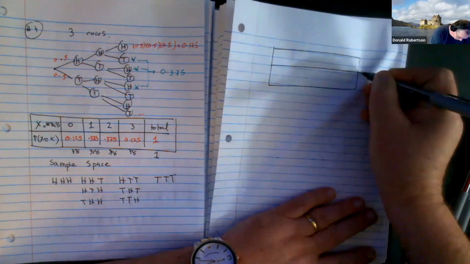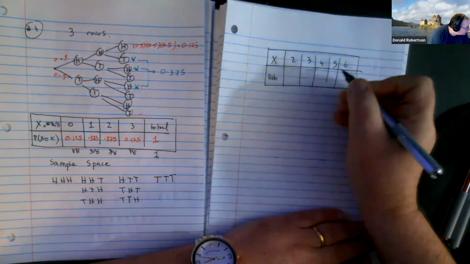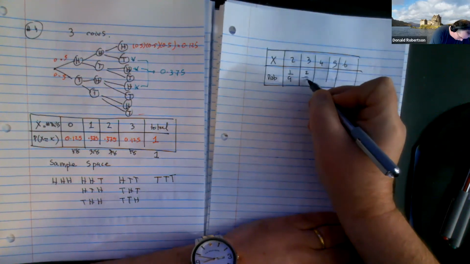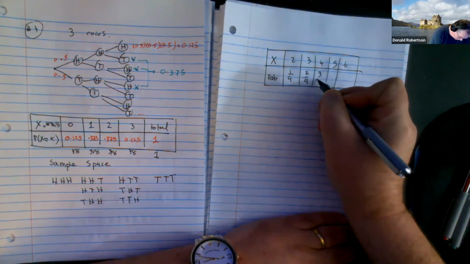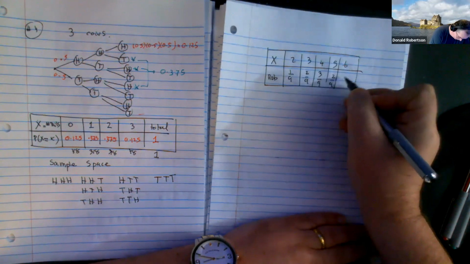Right. Next one is a probability distribution table again. And we have a guy here called X and the probability of it happening. And the numbers are 2, 3, 4, 5, and 6. And the probabilities are 1/9, 2/9, 3/9, 2/9, and 1/9.